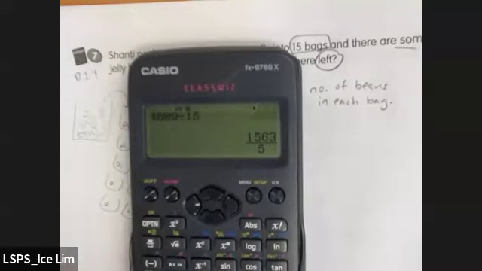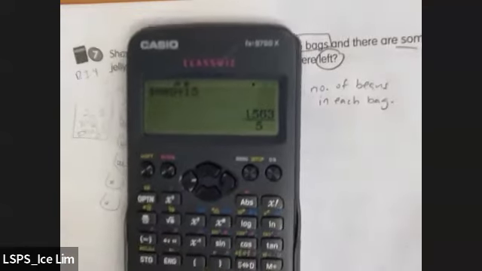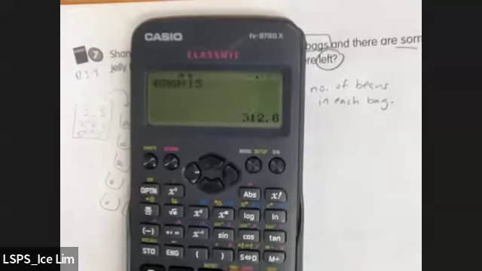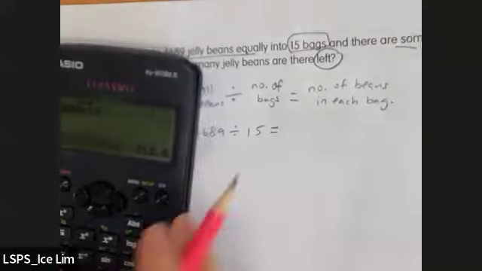It tells me that something is not right. Either I'm not going to have the bags filled properly, I'm going to run out of some beans, or have some extra beans. Basically, the number of beans in each bag is not going to be the same. If I change this to a decimal, it's 312.6.